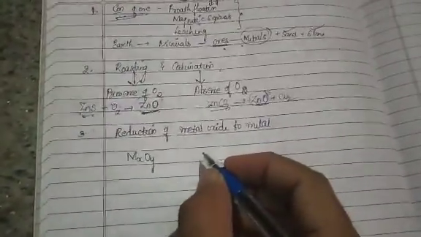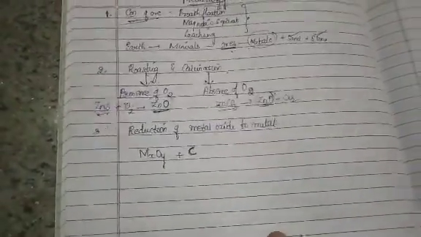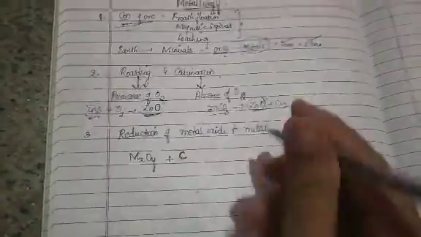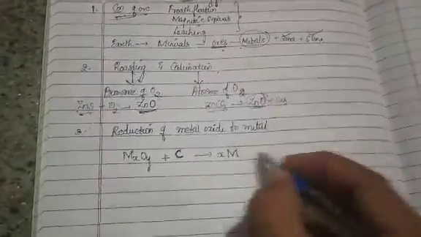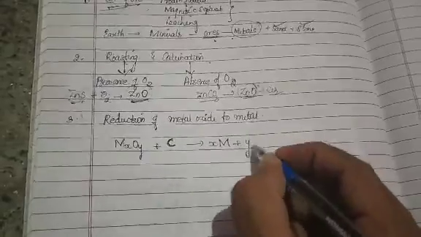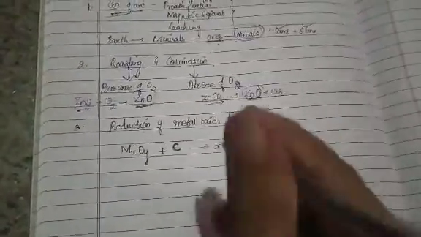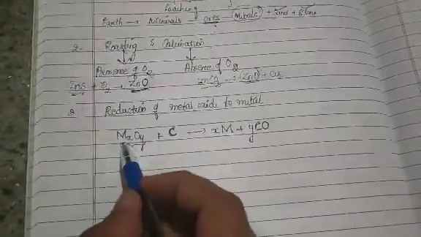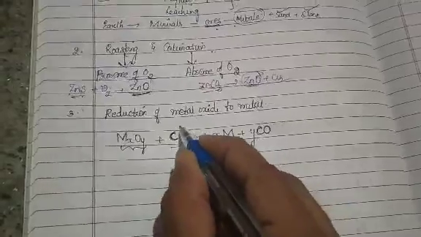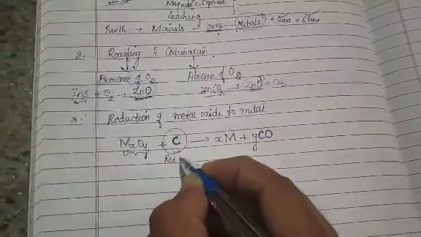In case I choose carbon, solid carbon or coke, as my reducing agent, I will give my reaction as xM plus yCO. You can just notice over here that this was my metal oxide. So in order to reduce this, I have used one more substance, which is the reducing agent.